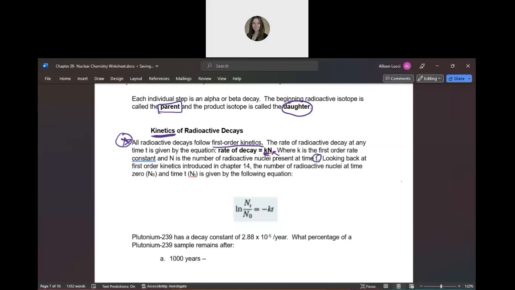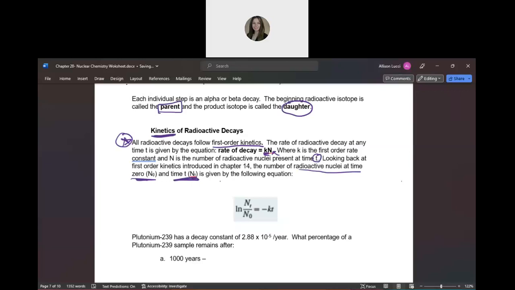We want to know, after a certain amount of time passes, how much would be left. So we have radioactive nuclei at time 0, then at the end of our reaction time t.